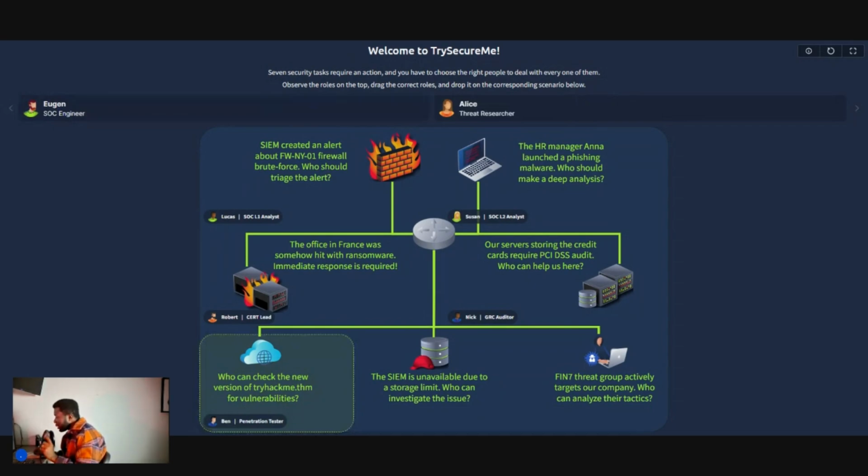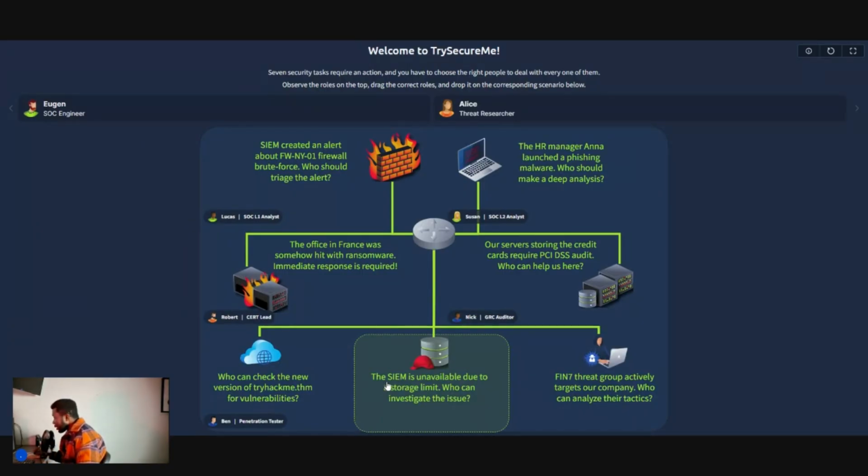Now, remember today, we talked about a cybersecurity personnel that works in the SOC whose function is to maintain and configure the tools that SOC analysts use. That role or that person is the SOC engineer.